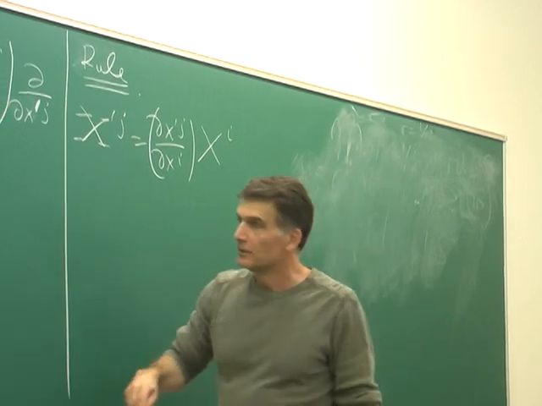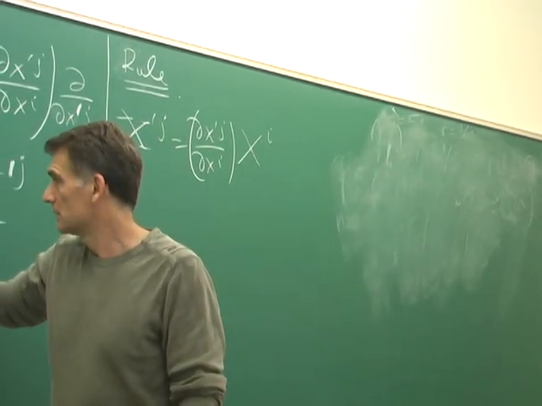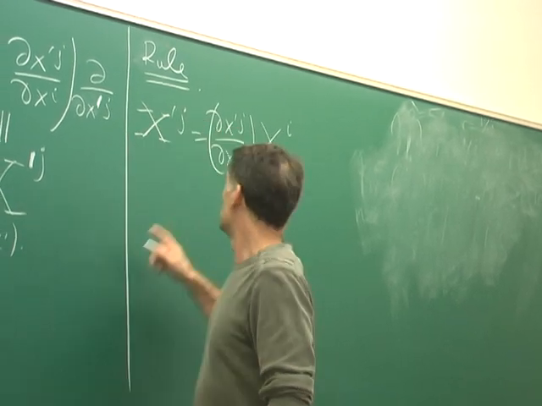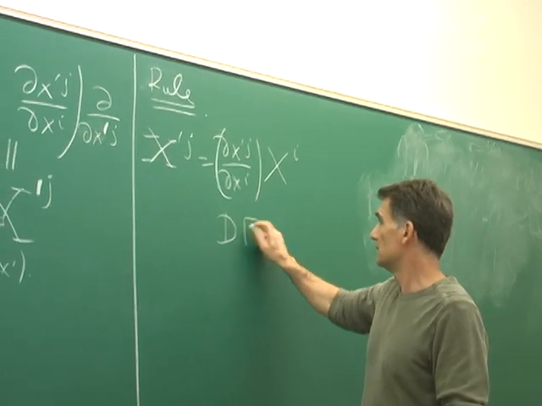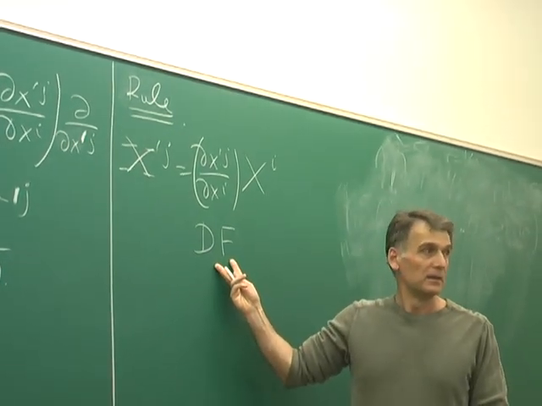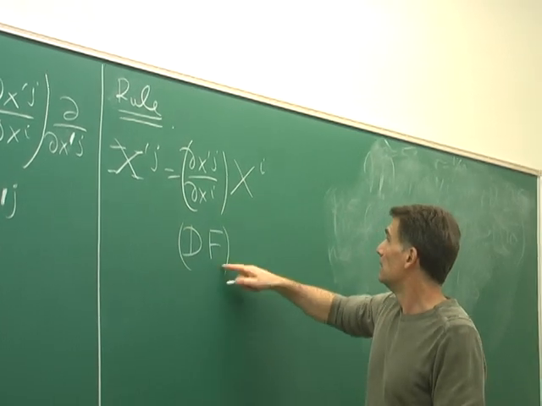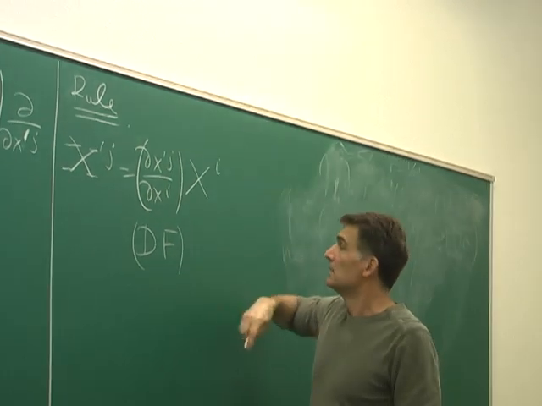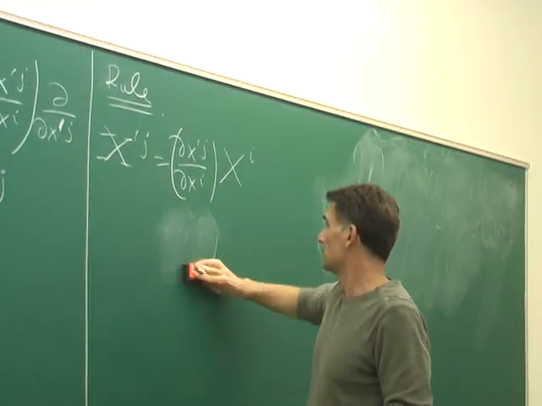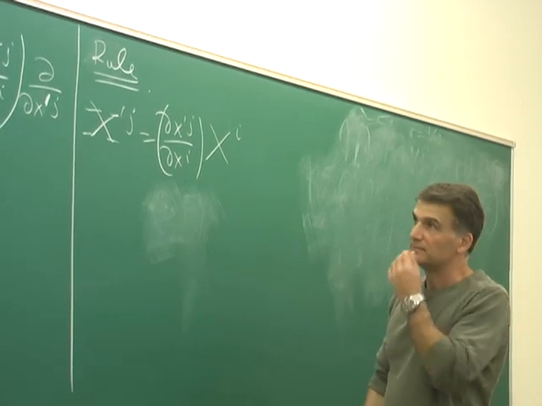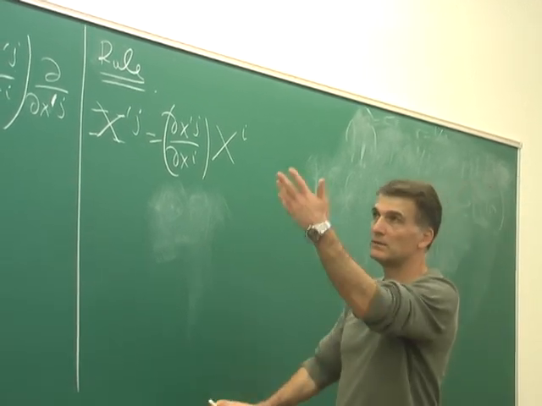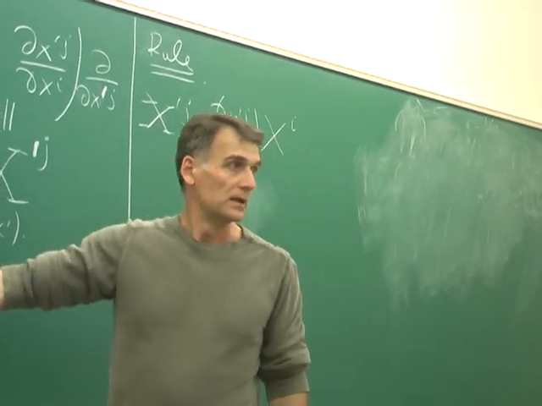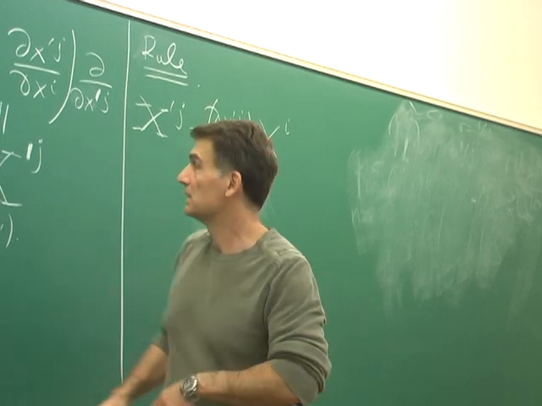In that book, you write this as x_i equals f_i of x prime, and then this matrix is what you know as df, the Jacobian matrix. You multiply this vector by this matrix. I'm not going to use this notation maybe because it will confuse you a little bit. But that's how the vector fields change. The only thing I use here is this chain rule for the partial derivative.